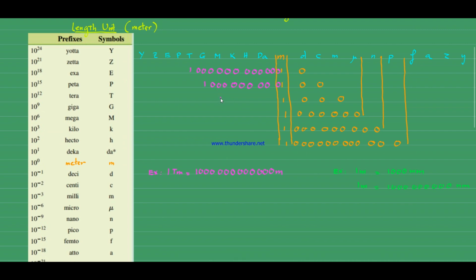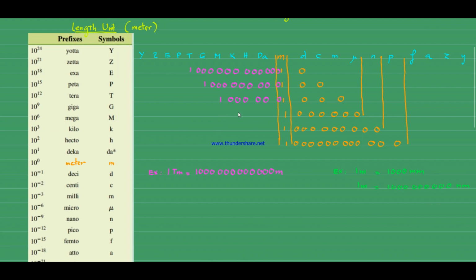Okay, 1 mega is a million. 1 megameter is a million meter.